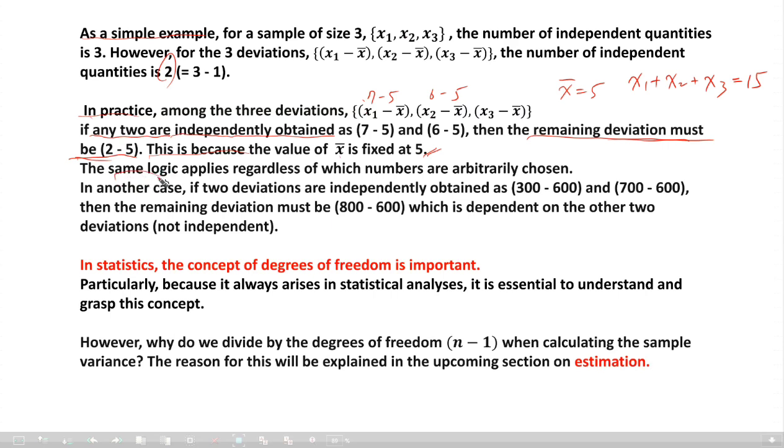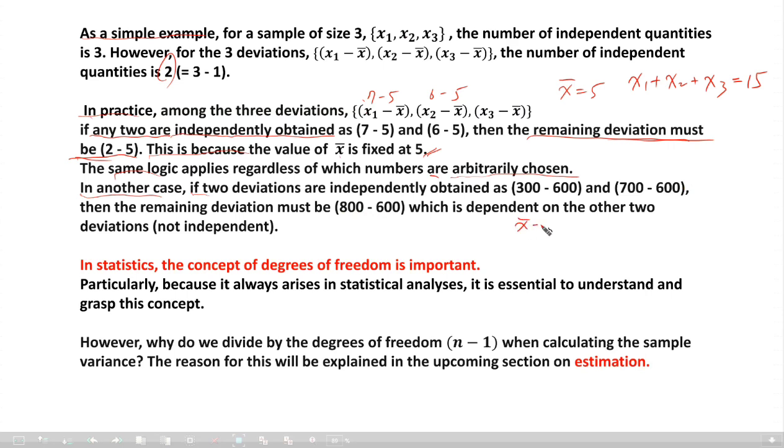The same logic applies regardless of which numbers are arbitrarily chosen. I'm choosing another case. If two deviations are independently obtained as 300 minus 600 and 700 minus 600, then the remaining one should be 800 minus 600. Why?